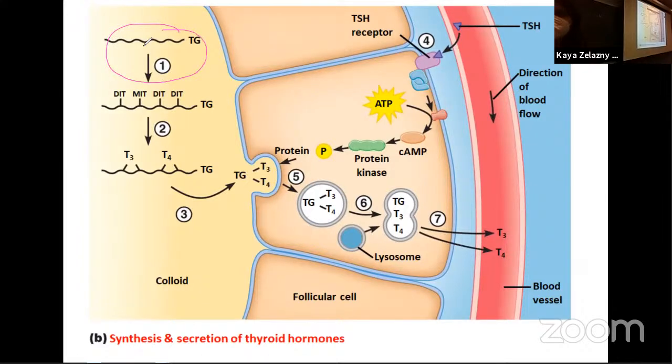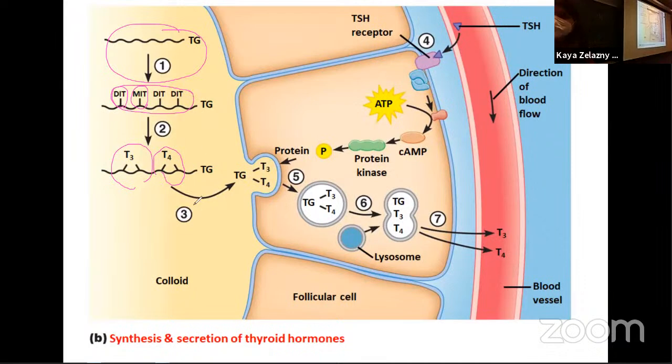Our first step is to add on our iodide ions, and we can see that we're adding on these little iodine ions and getting these little side chains. This is with some iodine added, this DIT and this MIT. We don't need to worry about specifically what they are, but that's when we add the iodine on, and that gives us our T3 and our T4, which are our two thyroid hormones, bound together.